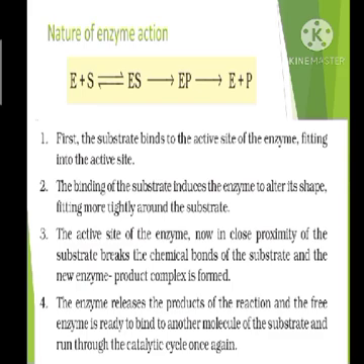When the product is fully formed, the enzyme releases the product of the reaction and the free enzyme is ready to bind with another molecule of the substrate and again it can help in another catalytic cycle. So this is how the enzyme action takes place.